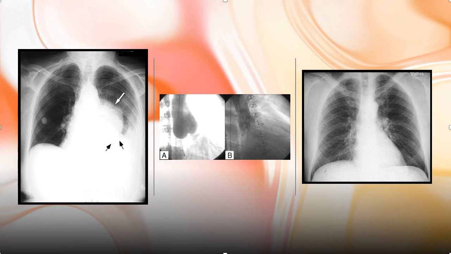On the right is the normal chest X-ray for comparison, devoid of enlargement of the base. In the middle, this angiogram shows a dilated aorta in what is known as annulo-aortic ectasia.